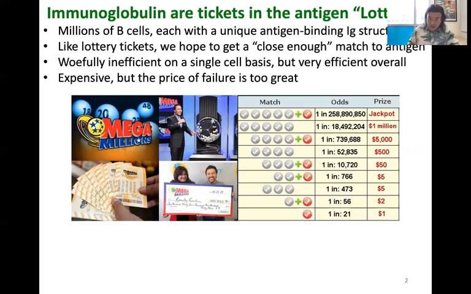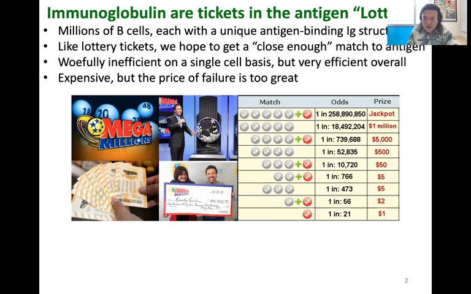Now, that's why we say that our adaptive immune system is so inefficient and expensive. Because what you're basically saying is every day you're making hundreds of millions of B cells, the vast majority of which are never going to match anything or get chosen to match anything.